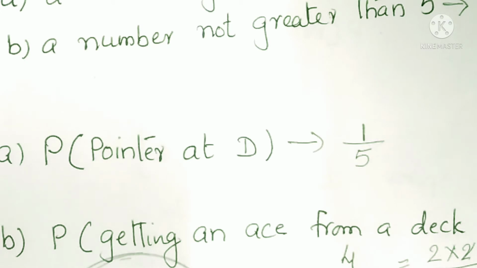And when you take 52 cards, I told you 4 types of cards will be there. Each type there will be 13 cards, and these 13 cards are A, then 2, 3, 4, 5, 6, 7, 8, 9, 10, then we have king, queen and jack. So total 13 cards.